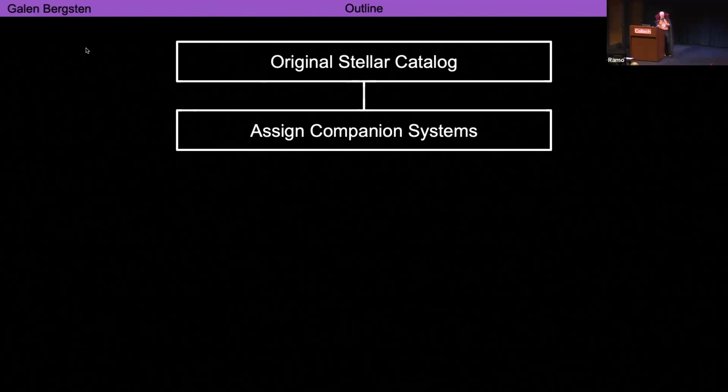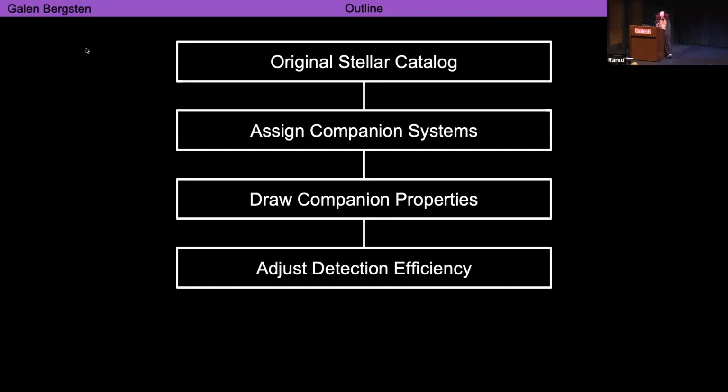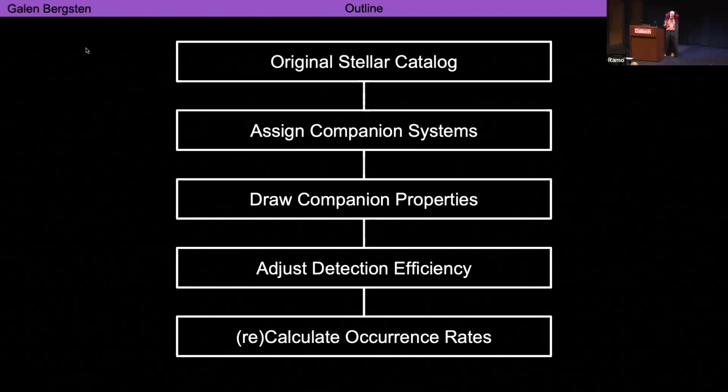And we don't know what the properties of those companions are, so we'll draw them from the distributions of stuff on the last slide. And then we'll use those properties to reevaluate the detection efficiency for that chunk of the population, and then put it all together with the rest of the single stars, reevaluate our occurrence rates, and see how everything changes. Let's start by looking at how the detection efficiency changes.